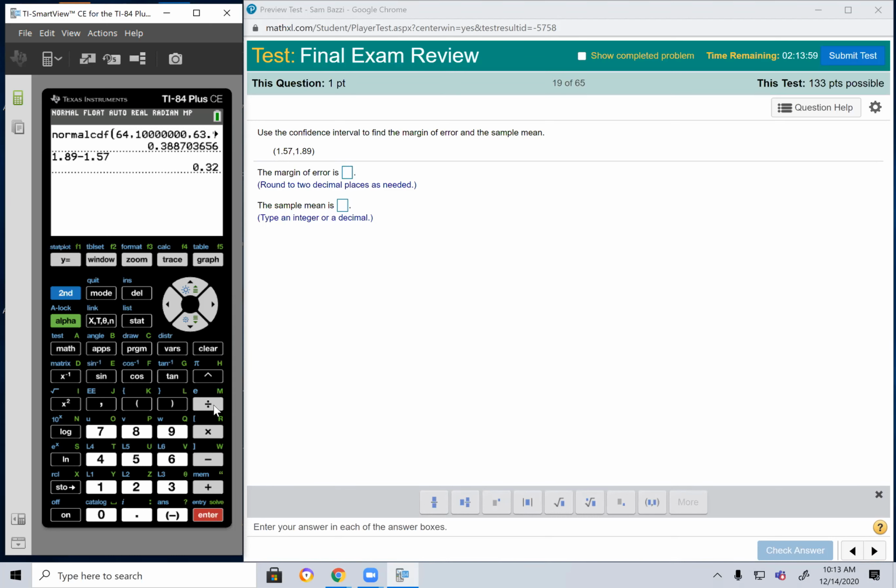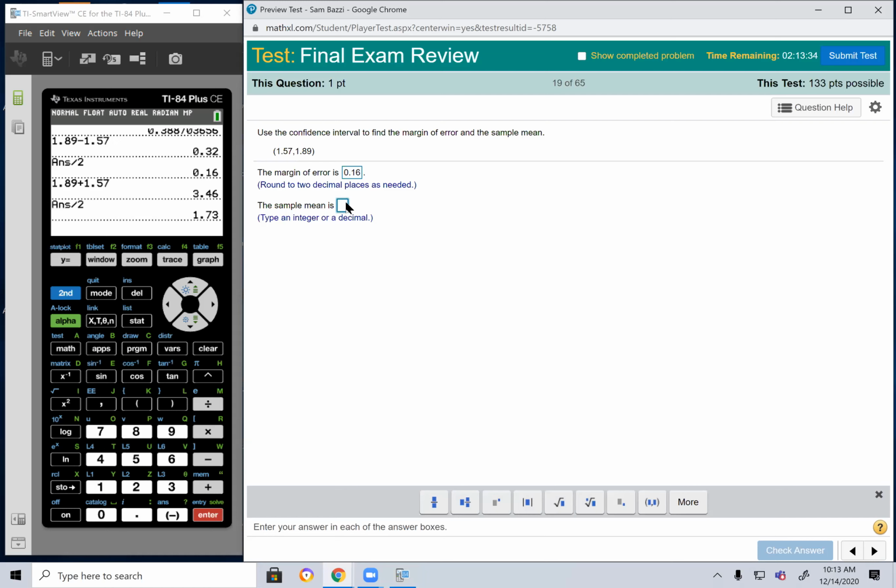So 0.16. And how do you find the sample mean? Add them and divide by what? By 2. 28.2.